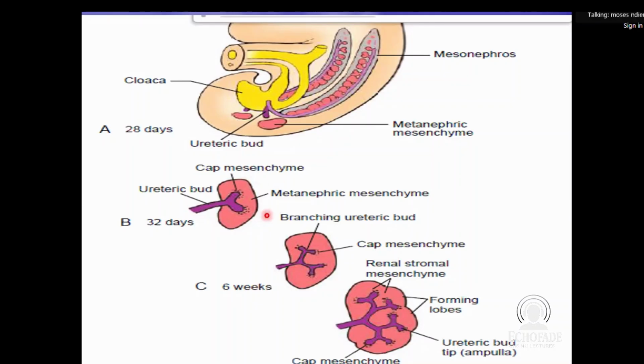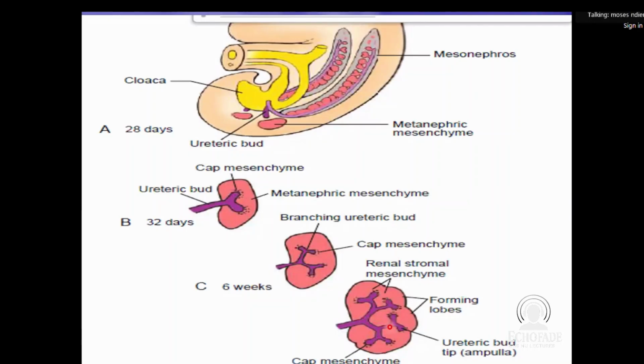So as it continues to divide, it forms major and minor calyces. But also, note, this continues on for several generations, sometimes up to 17 generations. This is what we refer to as branching morphogenesis.